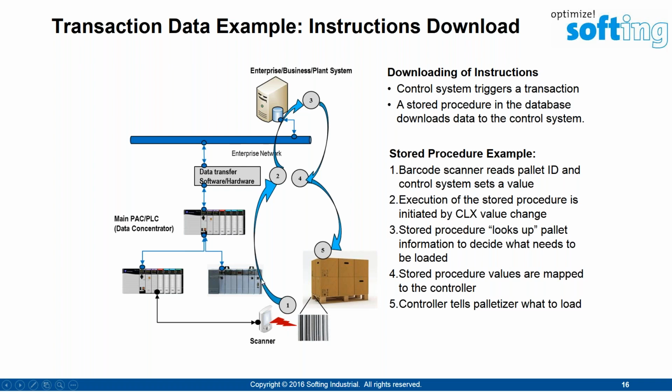That trigger will start the transaction in which a stored procedure in a database will take that pallet ID and look up the recipe for that ID, so you will get the recipe for what to load on the pallet. The recipe values will be mapped to the controller, and the controller tells the palletizer what to load.